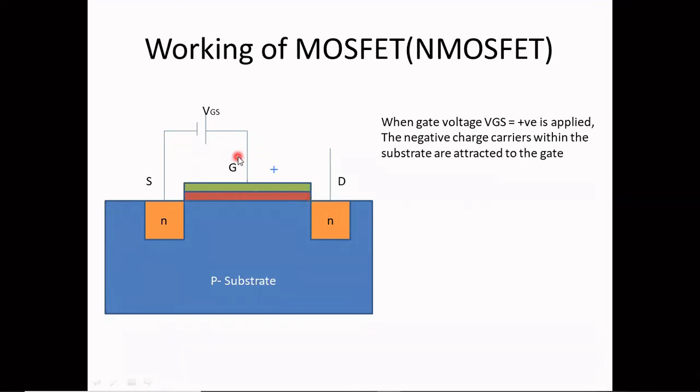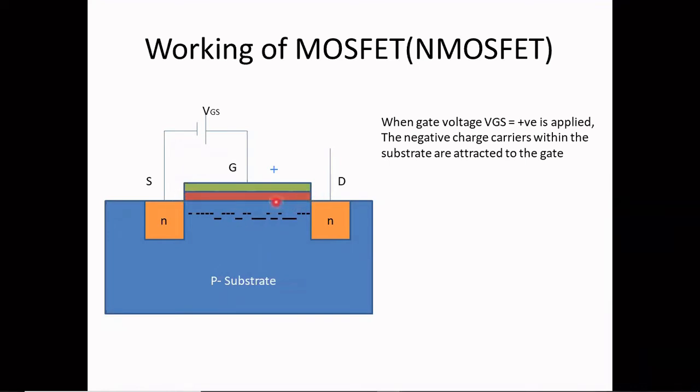So what will I do? I will go on increasing the voltage to a certain extent. As I increase the voltage, the electrons present inside the P substrate will be attracted towards the gate. These electrons coming from the substrate cannot pass through the oxide layer because the oxide layer acts as an insulator.